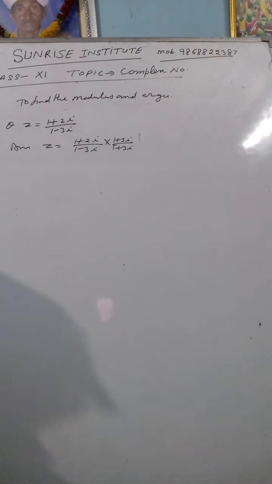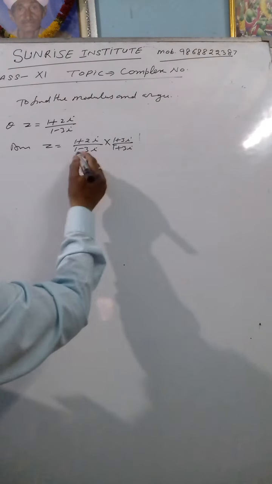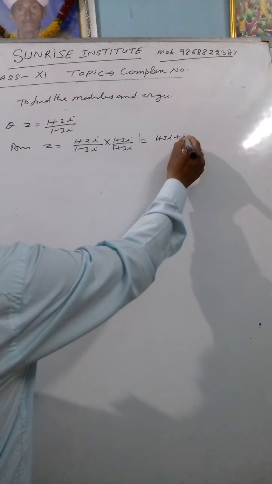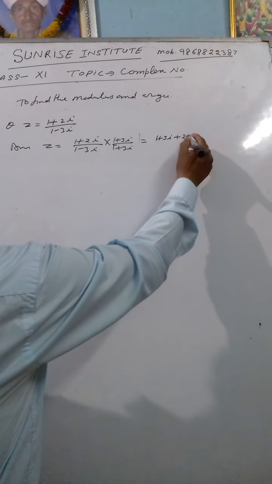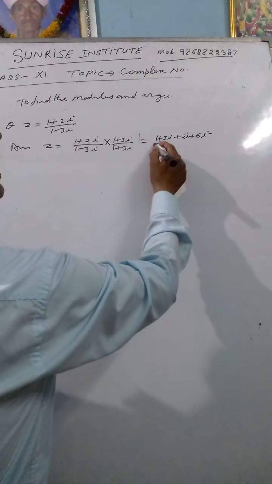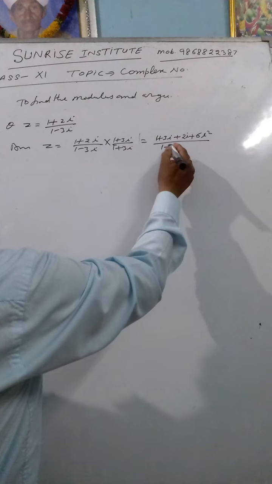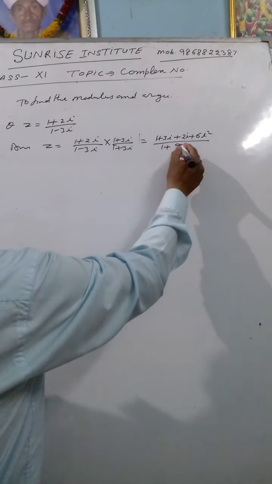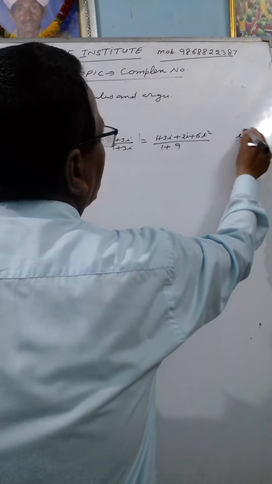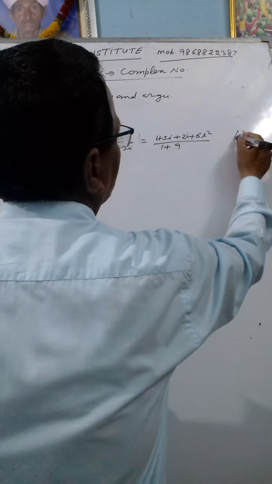Then we have 1 plus 3i plus 2i plus 6i square upon 1 plus 9, because i square is minus 1.